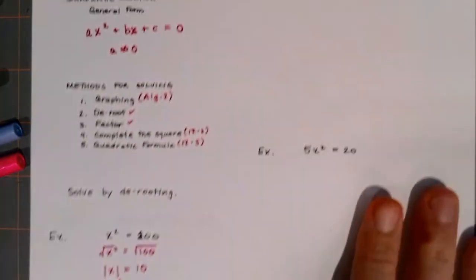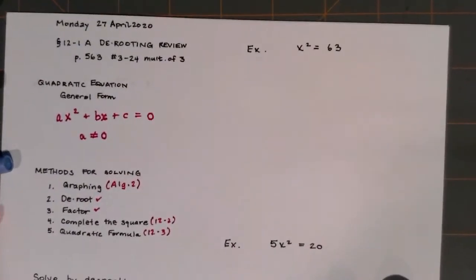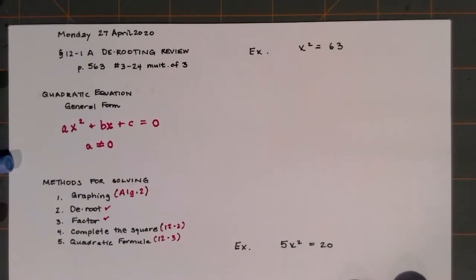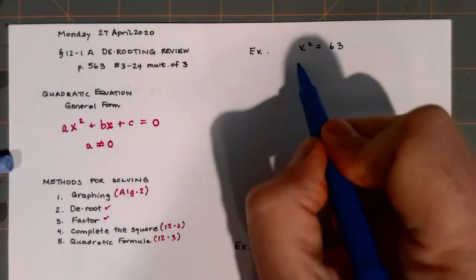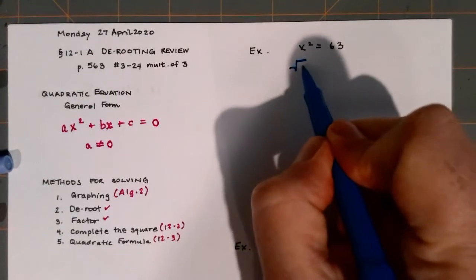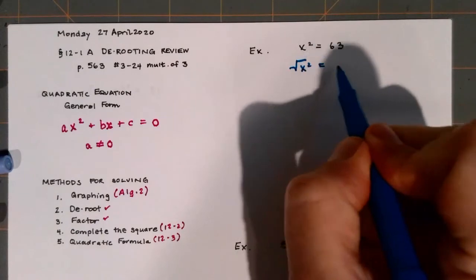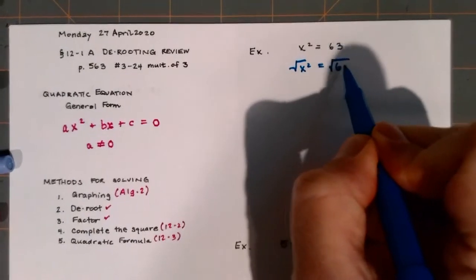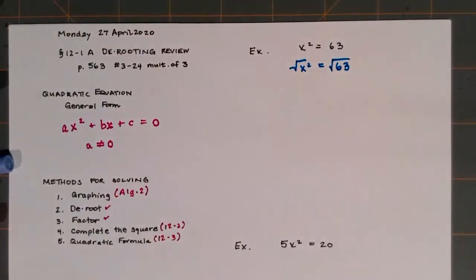So I'm going to do some harder ones. I don't think any of these is flat out hard, but let's just remember what we're learning. De-rooting: to de-root is to take the square root of both sides. So I have the square root of x squared is equal to the square root of 63. Now I chose this one for a reason.